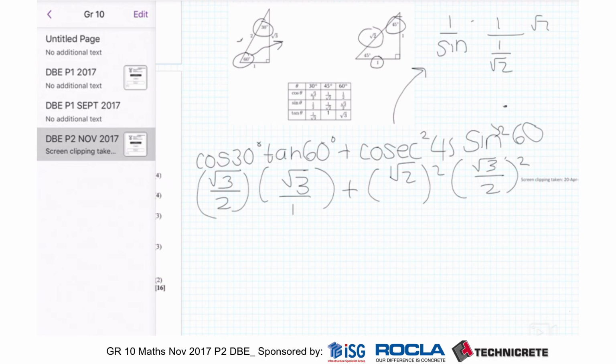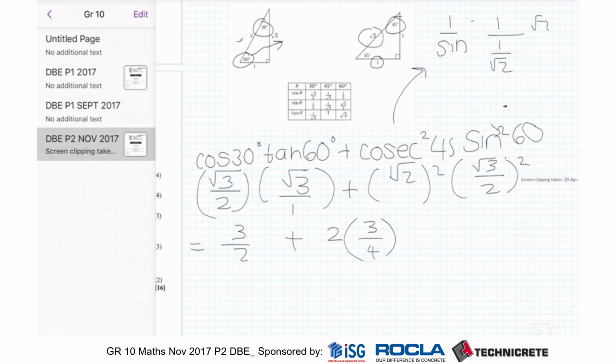Okay, let's now simplify. We should multiply the side first. So you're going to get 3 over 2 plus the side. We've got 2 times 3 over 4.